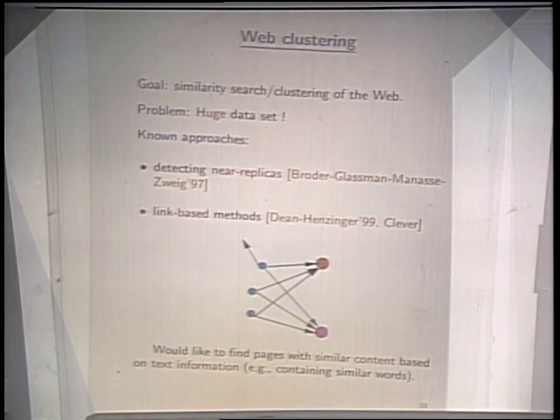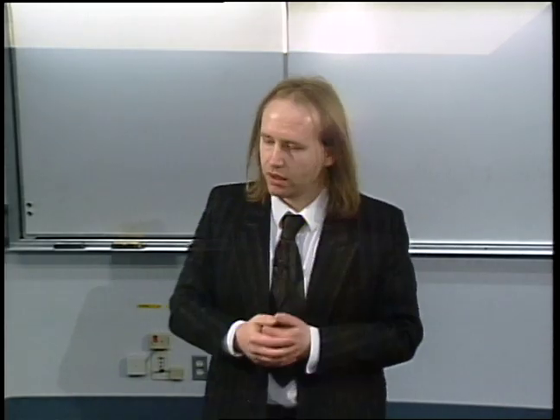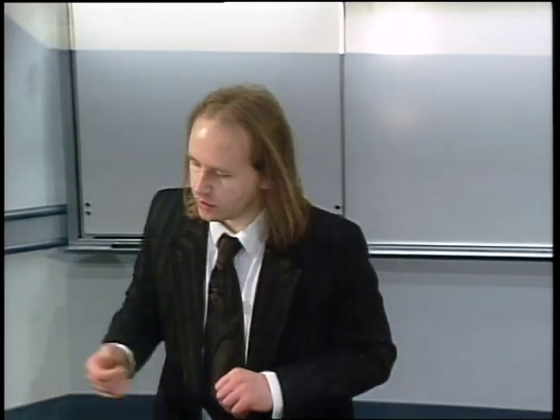We would like to find things which are similar in content, and link-based methods suffer from their own problems. Namely, in order to say that two things are similar, we need quite a lot of links pointing to them. This takes time, because people have to notice these two web pages and actually point to them. So it does not detect pages which are really similar but are very fresh, and therefore don't have many links pointed to them.